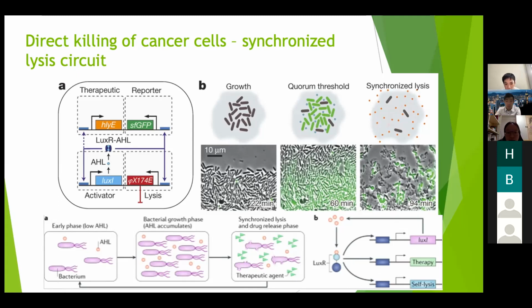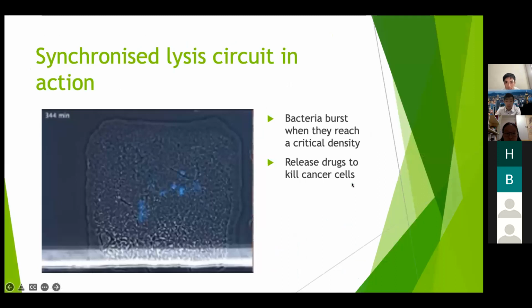The AHL protein can bind to the Lux receptor and trigger the expression of more AHL protein and also the therapeutic drugs. When the AHL reaches a certain threshold, the bacterial lysis protein E will be promoted for expression, and then the bacteria will burst to release the drugs.